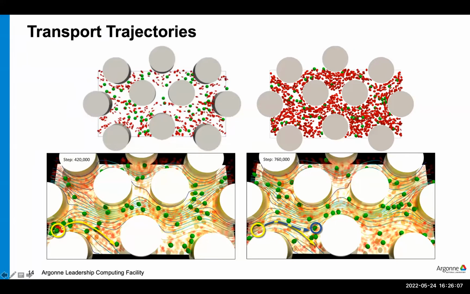But because of the density of the cells and collisions and such, the observed behavior is what we see on the image on the right with this blue dashed line. And so it actually ended up in a different location. And so one of the things that they're looking at is understanding how the effects of the density of the fluid, of the concentration of the blood cells impacts that.